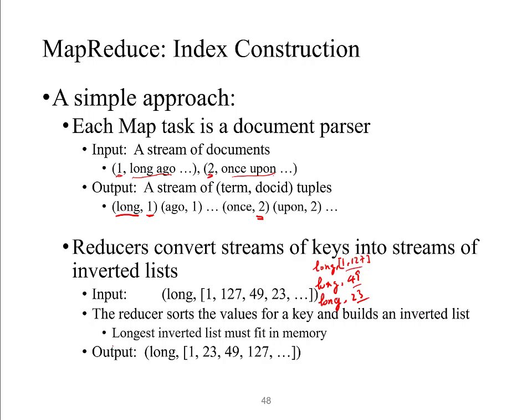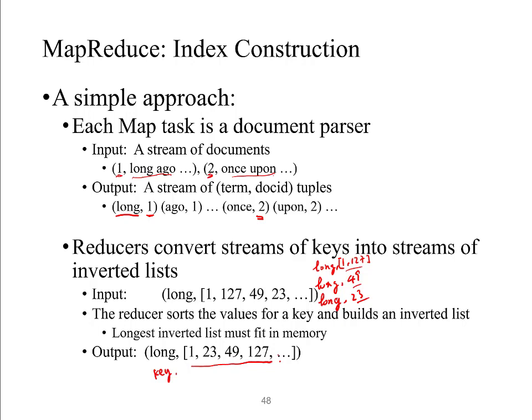And remember, the longest inverted list must fit in memory. This is true both for MapReduce in Hadoop and in Spark. And here comes the output. The key value pairs would be: the key, again, is the term, and the value is the posting list corresponding to the term.